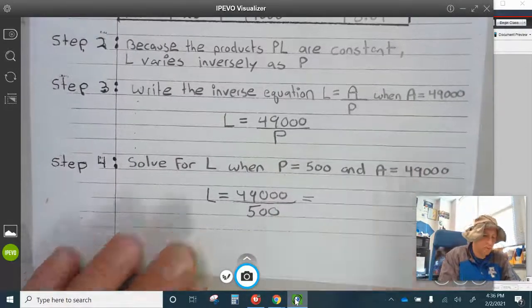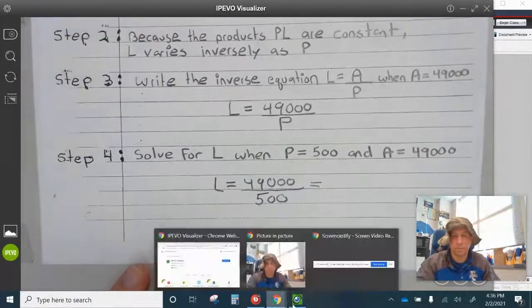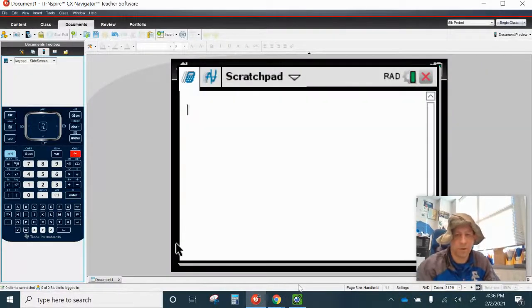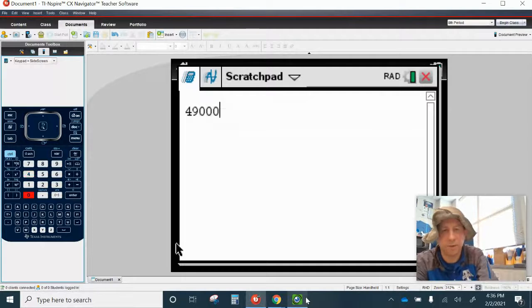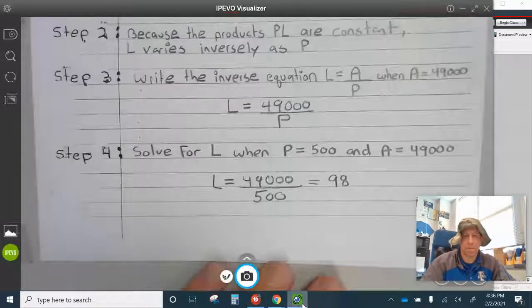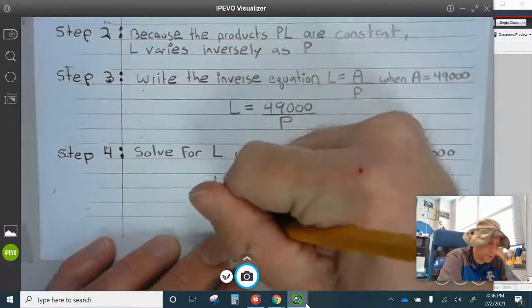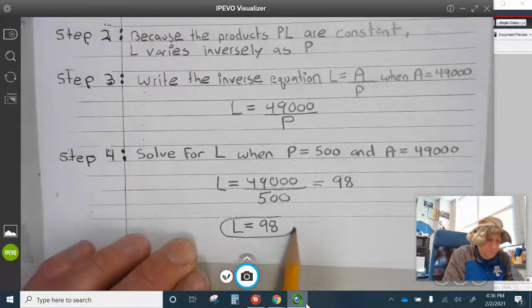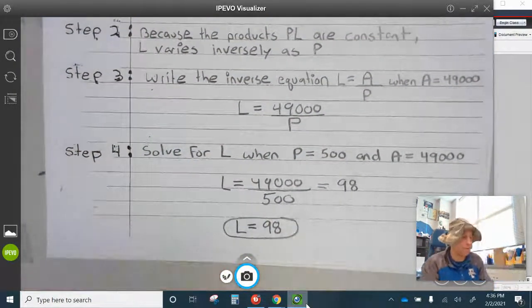And so now all we have to do is 49,000 divided by 500 is 98. So L equals 98. All right, go ahead and finish up example 3.